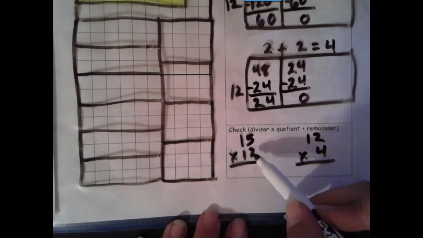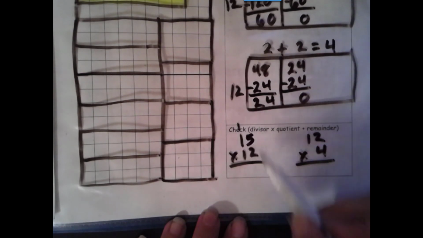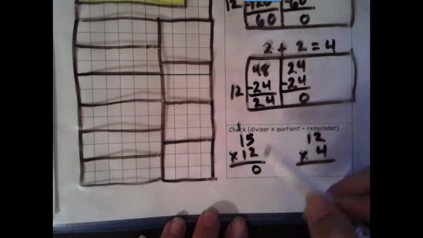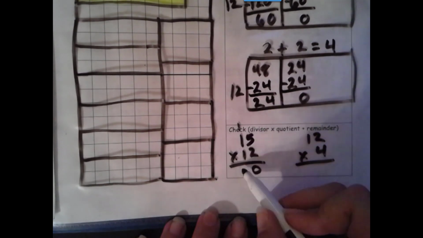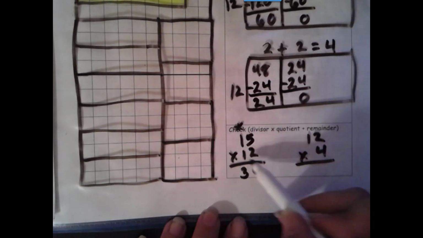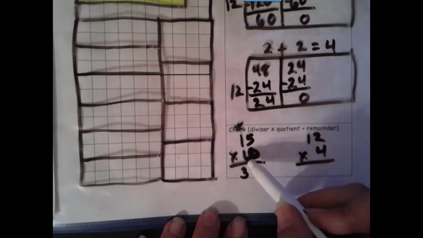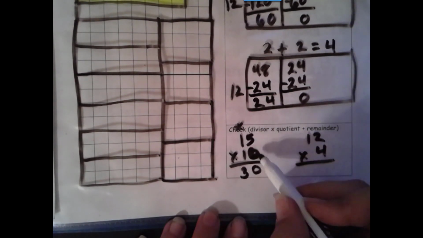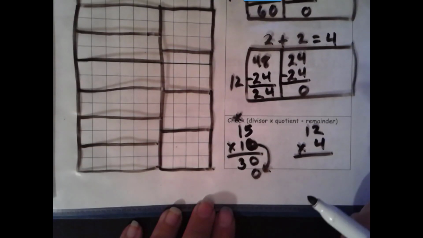Alright, so here I have 2 groups of 5, which is 10. Regroup above. 2 groups of 10, which is 20, plus 1 more 10 is 30. Okay, now I'm going to multiply by my 10. I'm done with my 2. 10 times 5. Well, anytime I multiply by a 10, I need to put my placeholder.